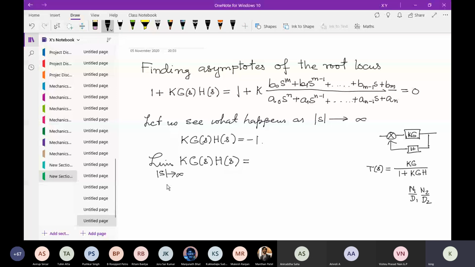See, when we take the limit, then we are going to get some K. This is going to be there, and these terms will have lesser and lesser contribution as s tends to infinity, and 1 will have even lesser contribution.